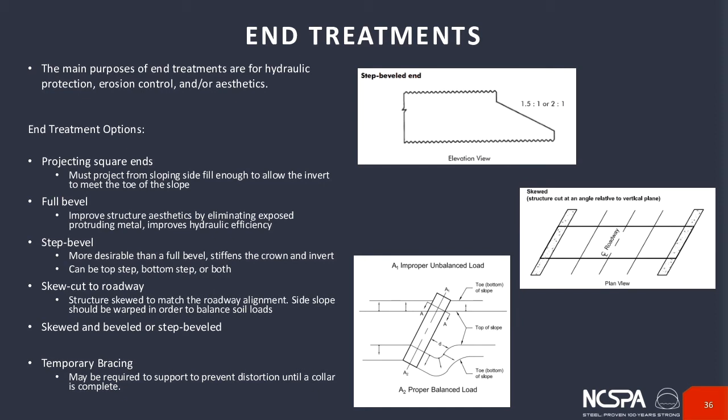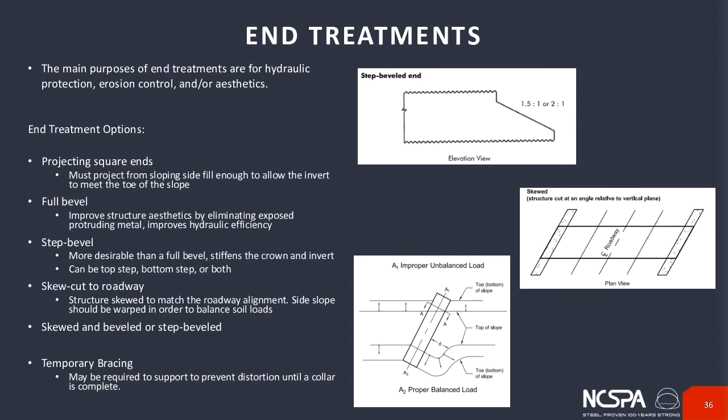So with that, one big thing to point out with these end treatments is the strength of corrugated metal pipe or corrugated metal plate is in the longitudinal direction, so across the corrugations in ring compression. So anytime that we're cutting a pipe for a bevel or a skew, ring compression is interrupted and the pipe becomes limited to the bending strength of the corrugation, so you lose a lot of your structural capability.